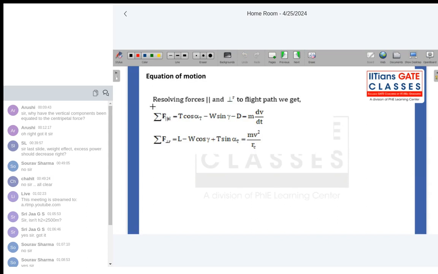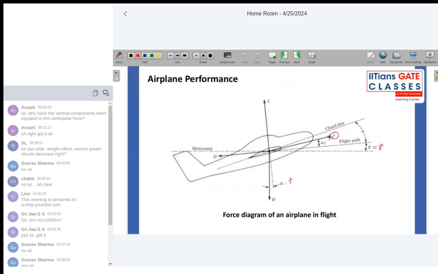Resolving parallel to the free stream velocity direction: towards the angle is cos, so thrust resolved along the flight path is T cos alpha t, minus drag, which acts opposite to the direction, minus W sin gamma, since away from the angle is sine.